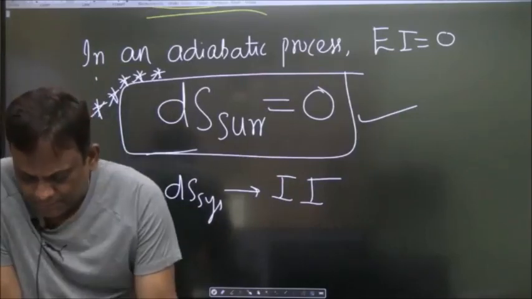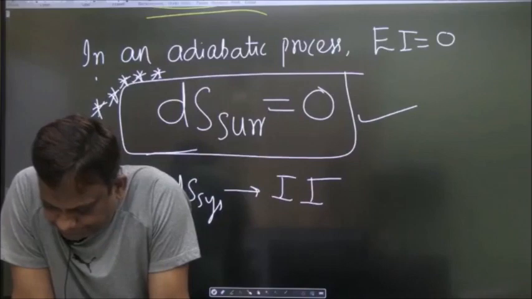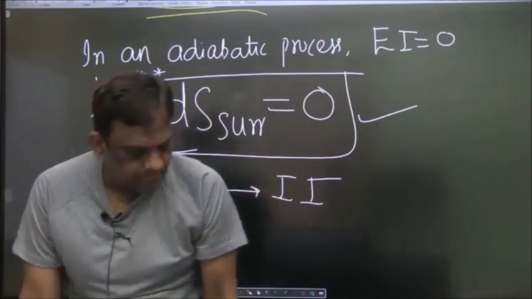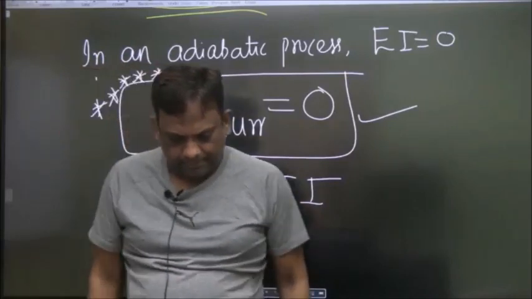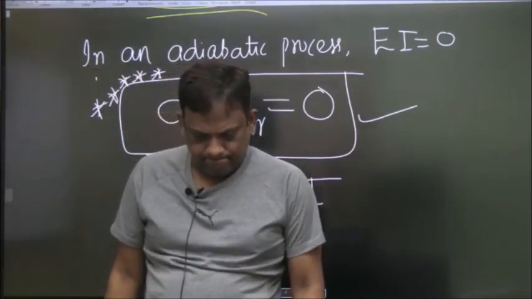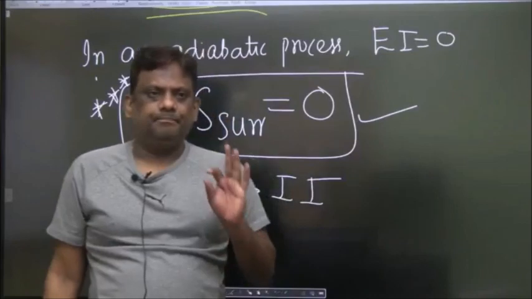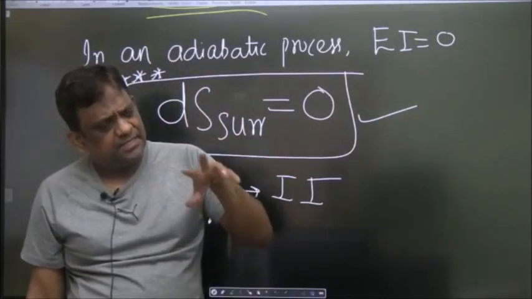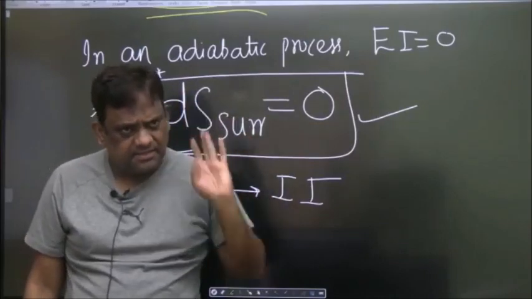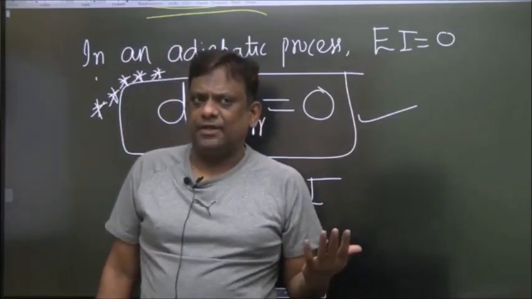Now, let's proceed, my dear students. I want to give you something more. Please understand carefully. Surroundings influence, but changes are taking place in the system. How are surroundings influencing?